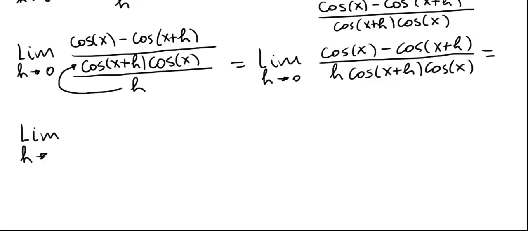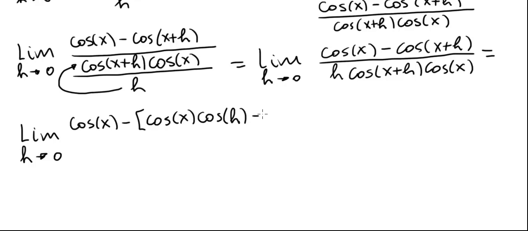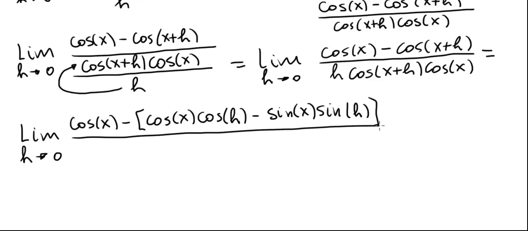This now looks like the limit as h goes to 0 of cosine of x minus cosine of x times cosine of h minus sine of x times sine of h, and the denominator doesn't change. It's still h times cosine of x plus h times cosine of x.